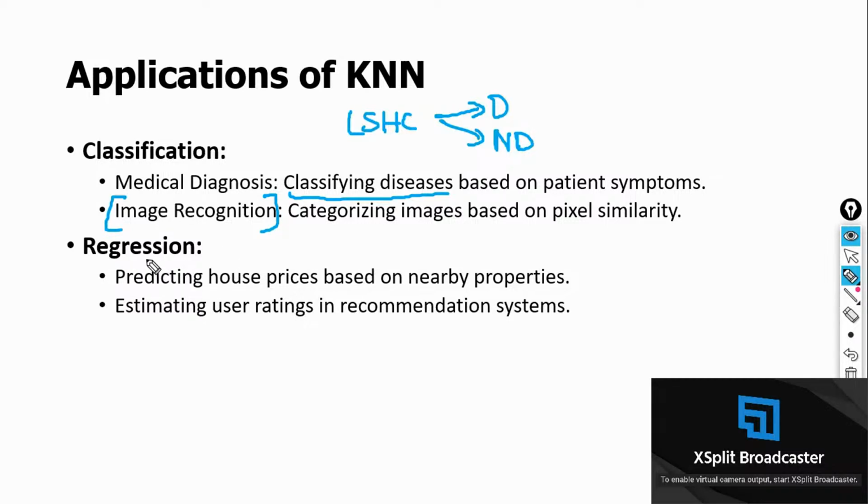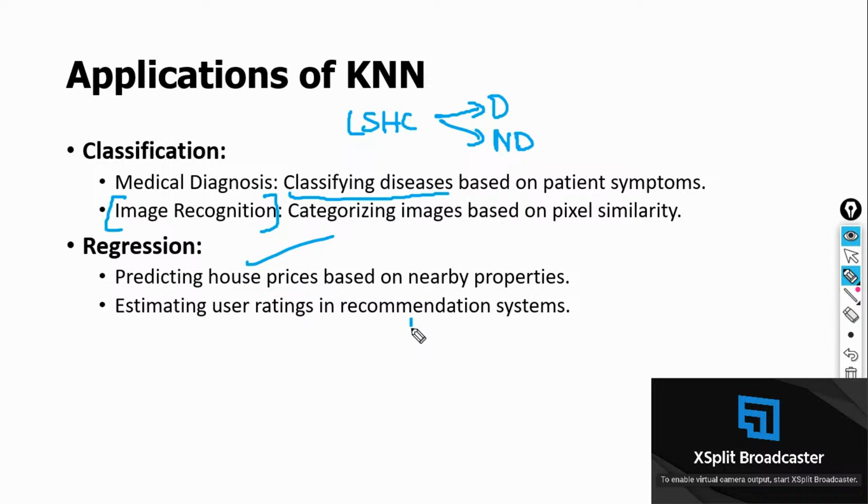Then coming to regression: predicting house prices, predicting salaries of employees, predicting sales of a company, predicting profits of an organization. All these come under the use cases and projects where KNN can be applied. Then estimating user ratings in a recommendation engine.